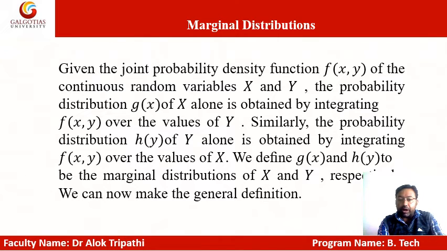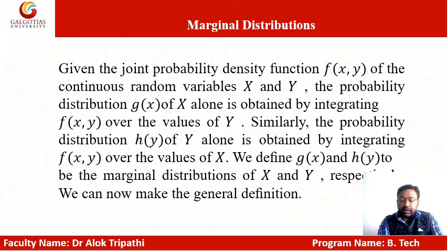Meaning, if we want to find the probability distributions for x and y separately: to find the probability distribution for x, we integrate f(x, y) with respect to y, and this gives us the probability distribution for the random variable x.